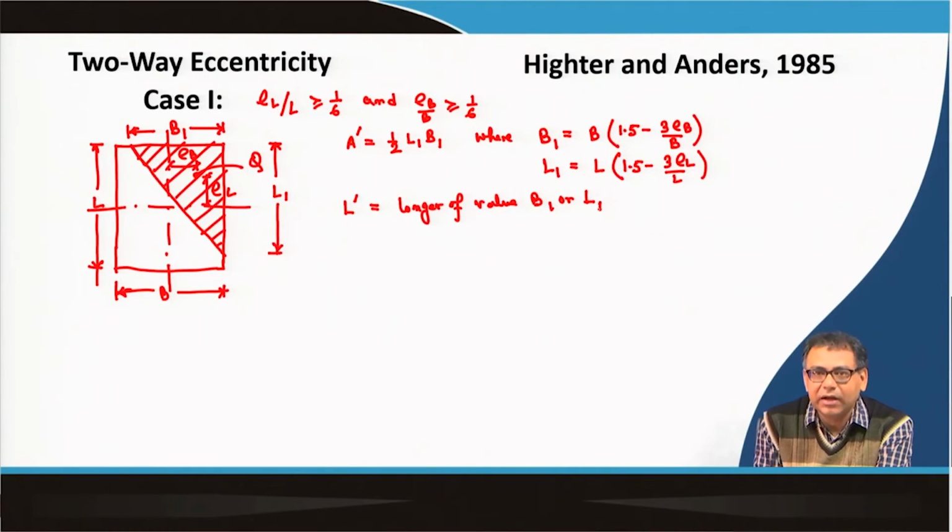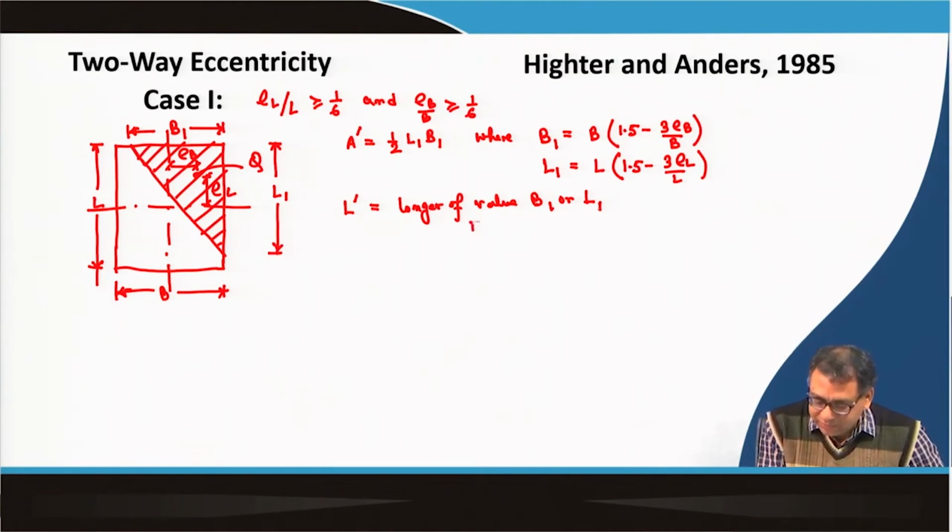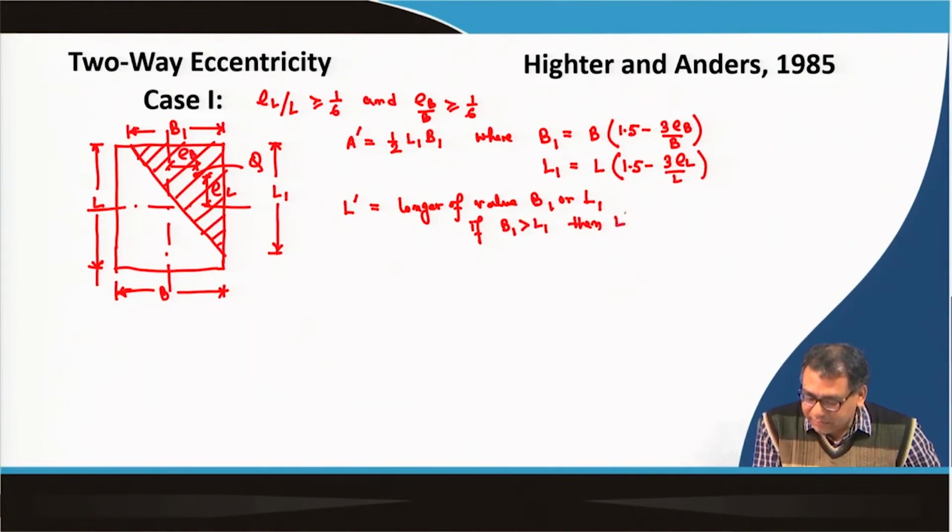Which one is the higher value, that we have to consider as L dash. If L_1 is greater than B_1, then L dash is L_1. If B_1 is greater than L_1, then L dash will be B_1.